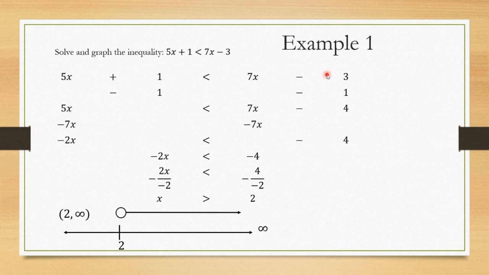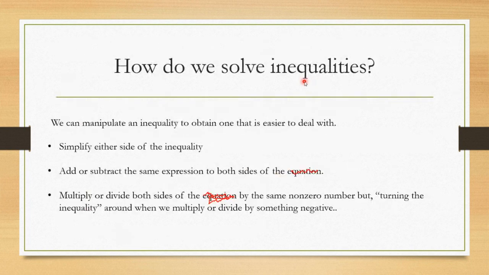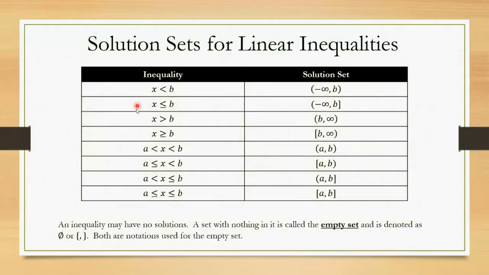Again, just like with equations, you want to get x all alone on one side, right? You know what? Let me go back. This will make it easier. You essentially want to get one of these inequalities here. Whenever you're solving an inequality, you essentially want to get one of these, at least, because then you get the solution set easily.